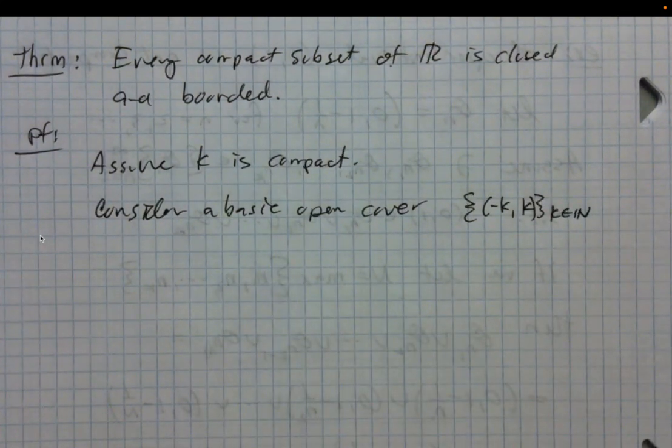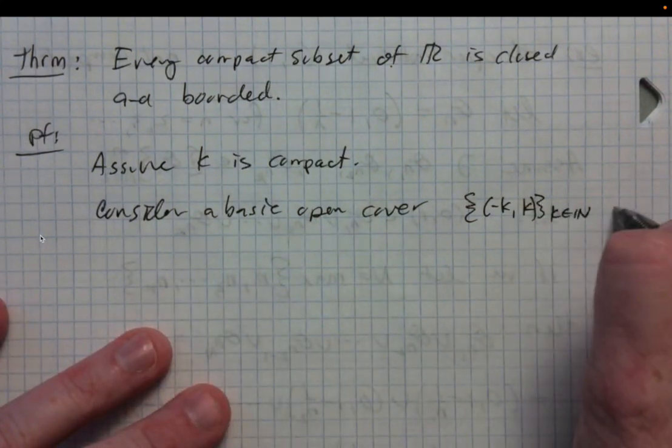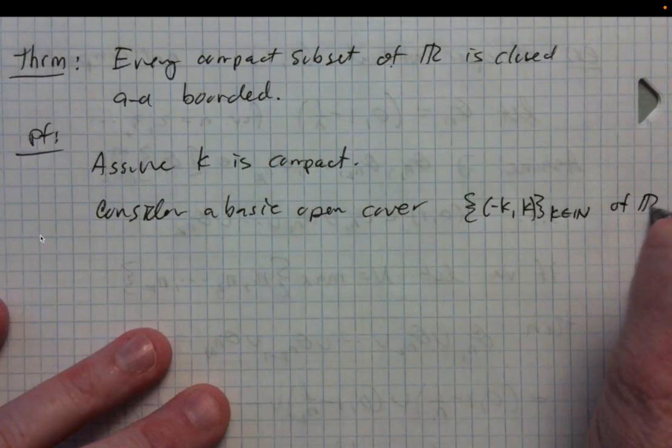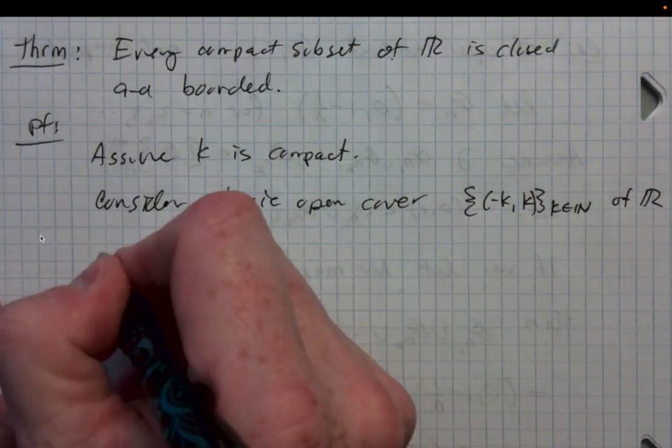This is an open cover of R. Obviously, as n goes to infinity, this will cover all of the real numbers. And so if it's an open cover of R, it's also an open cover of K.